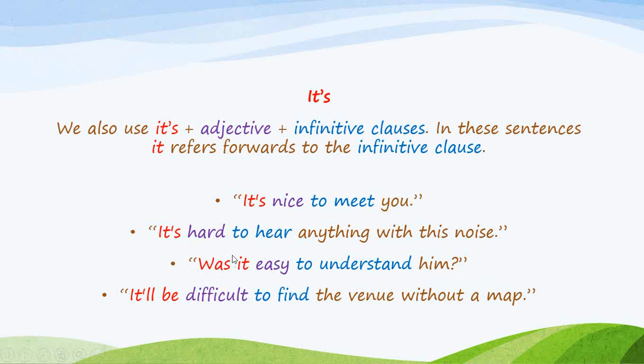That's why we are reading was instead of is. Was it easy to understand him? It'll be difficult to find the venue without a map. In this case, we're using it and the verb to be, but in the simple future tense.